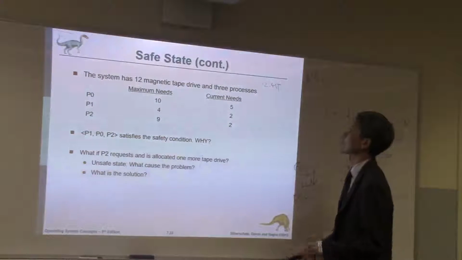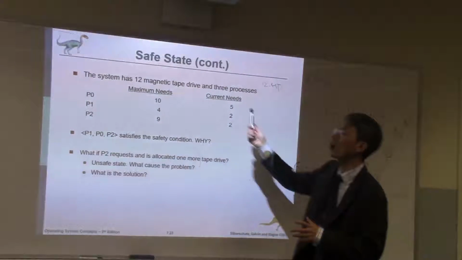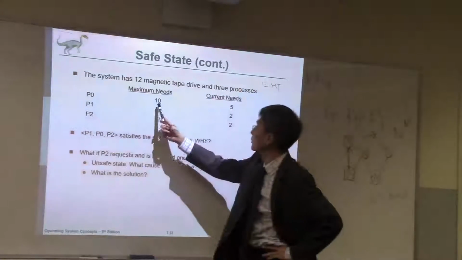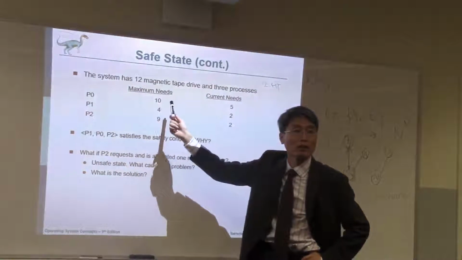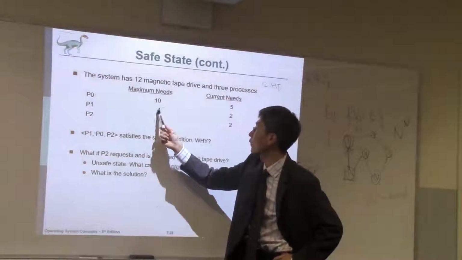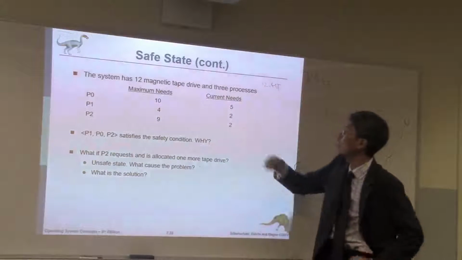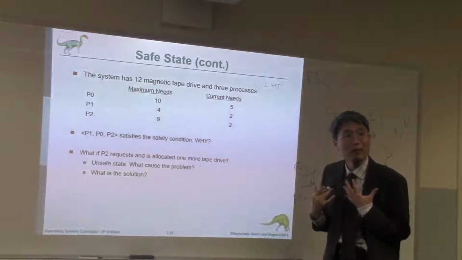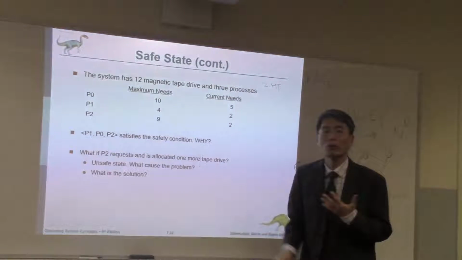So we are going to use 12 magnetic tapes. As a result, there are three processes. It's the current status. P0 needs a maximum of 10 to be terminated. Similarly, 4 for P1, 9 for P2. Currently, P0 is holding 5 magnetic tapes, P1 holding 2 of them, P2 is 2 of them.